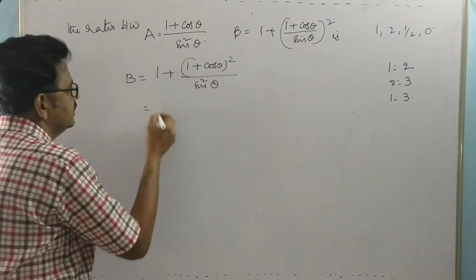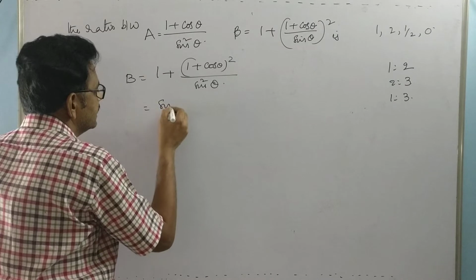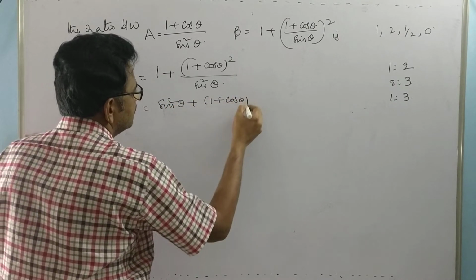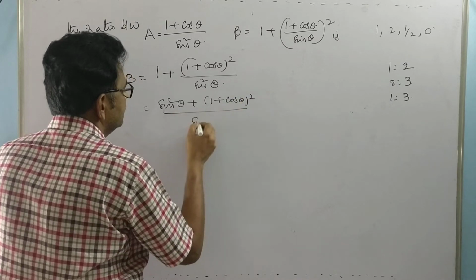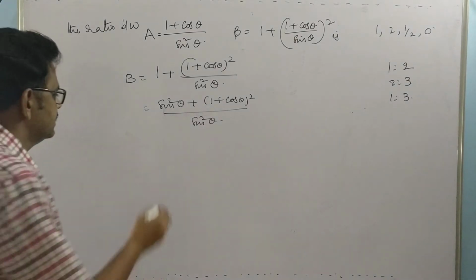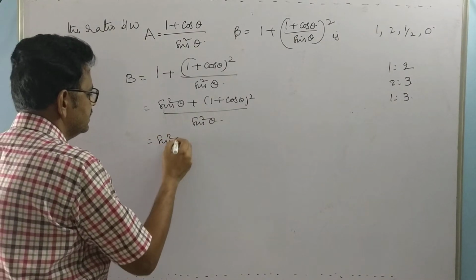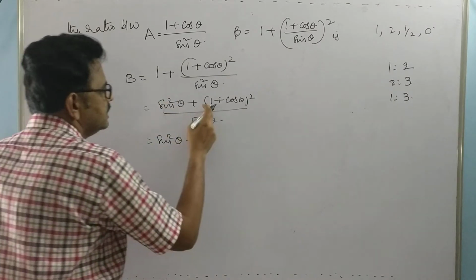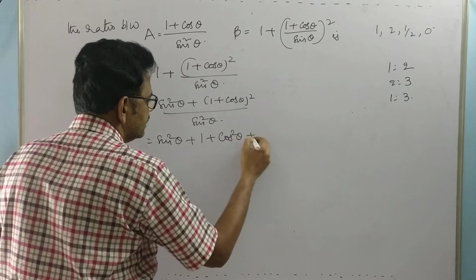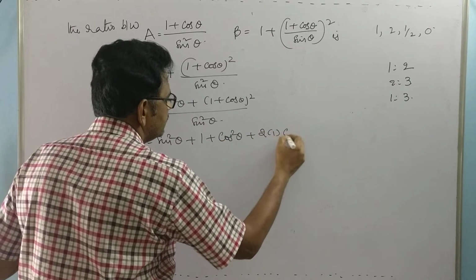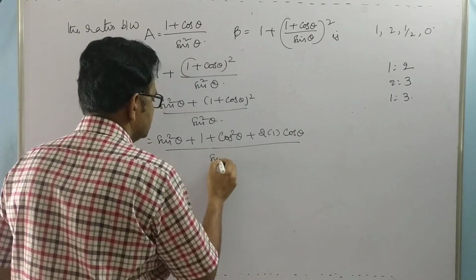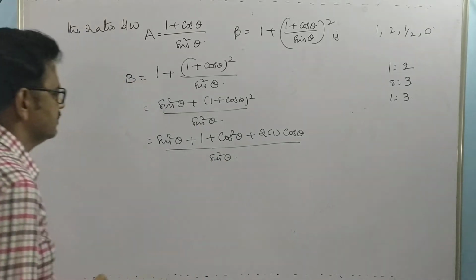This is equal to, by taking LCM, sin square theta plus 1 plus cos theta whole square by sin square theta. This is sin square theta plus, so this is (A plus B) whole square, A square plus B square plus 2 into 1 into cos theta, by sin square theta.